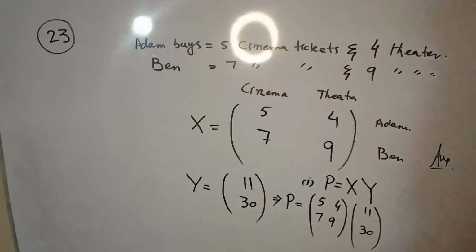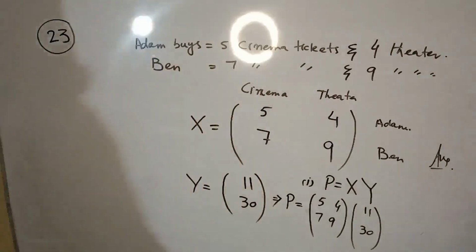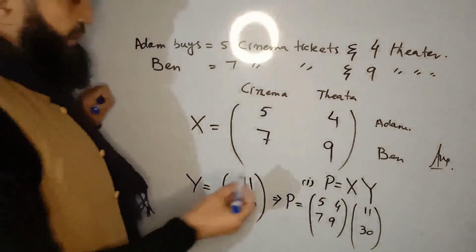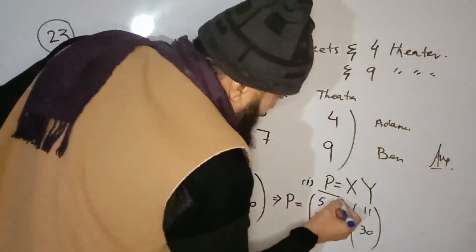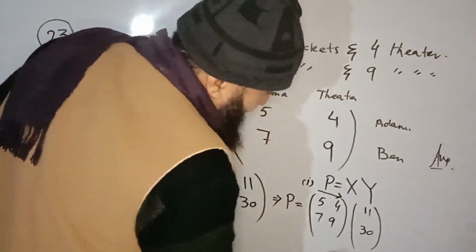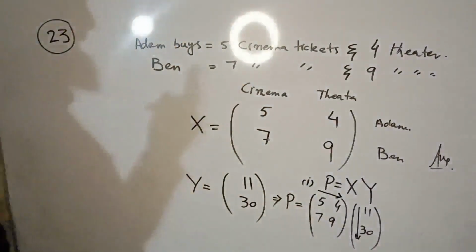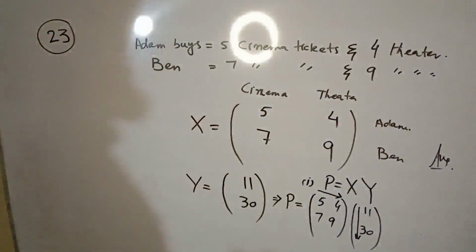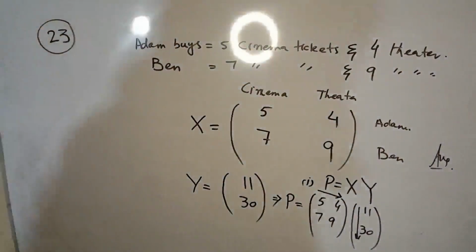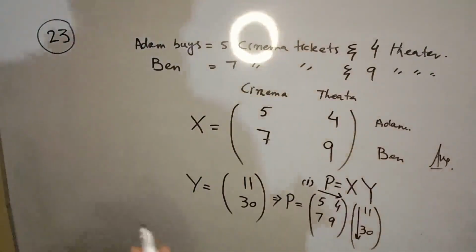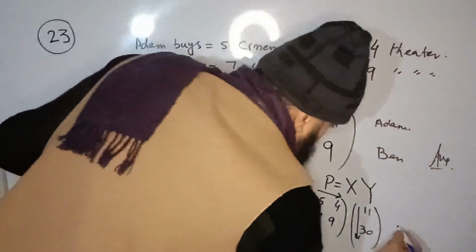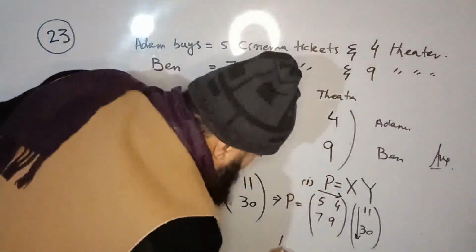So we have to find the product of these two matrices. How to multiply it? We take one row of the first matrix and multiply it with one column, and it gives you one entry of the product matrix. So if you multiply the first row with the first column, it will be the first entry of P. So I write it here.